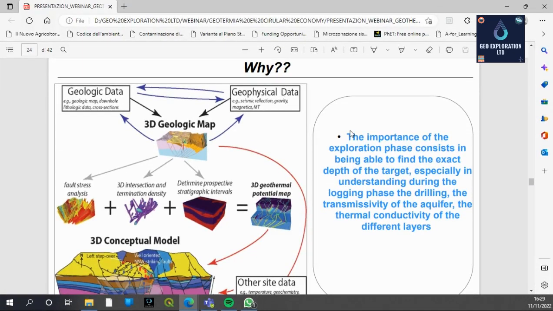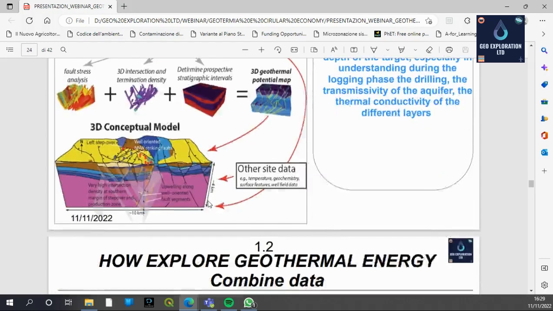Exploration considers thermal conductivity and also hydrological and geological properties like porosity, especially vertical and horizontal porosity, to construct a 3D map of potential geothermal.